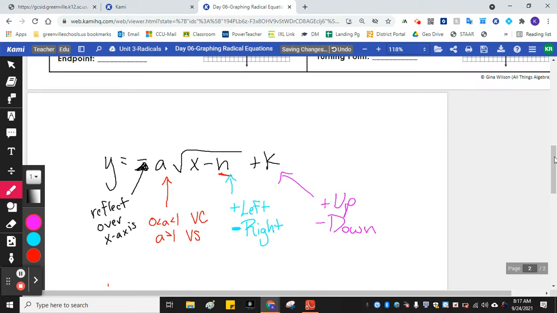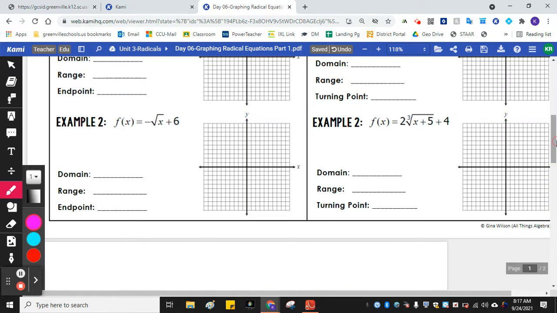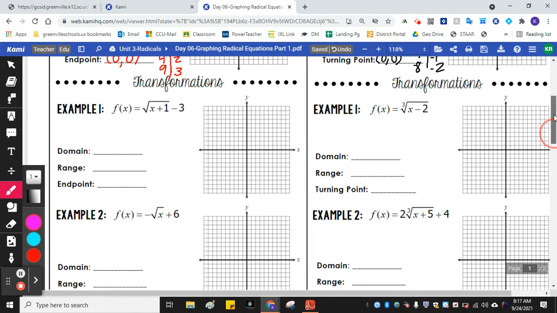So when you start these questions, the first thing I want you to do is to describe the transformations. So here, this is going left 1 and down 3. Well, I know the numbers I used for the original are 0, 1, 4, and 9, but I want to move all those to the left. Left 1 means I'm going to subtract 1.